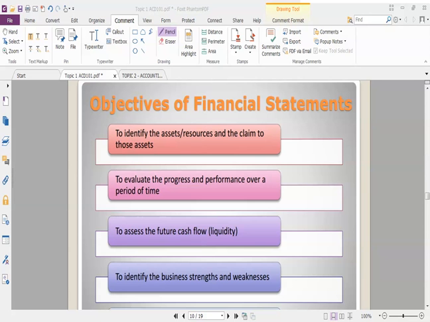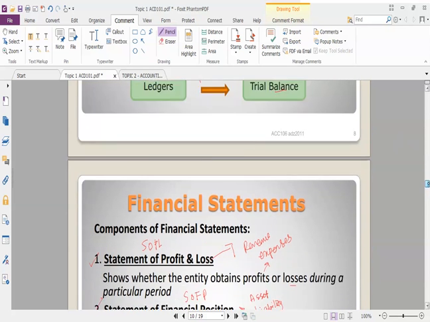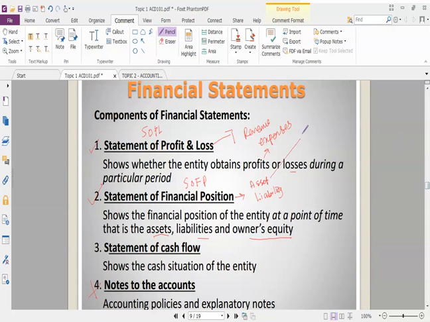Okay, for asset we have current asset, and the second one is non-current. These are the terms that we use in accounting in Malaysia.